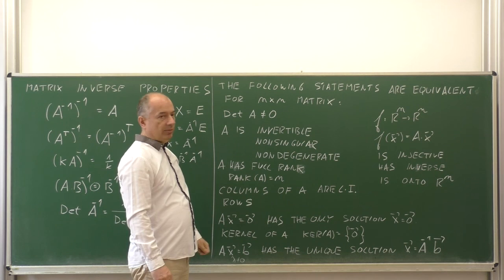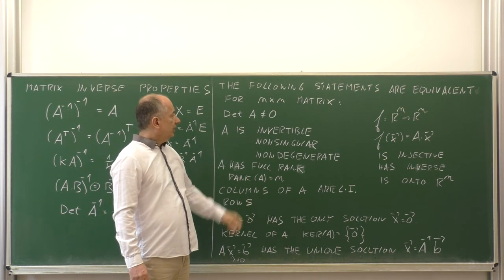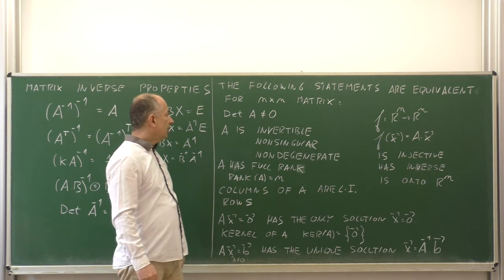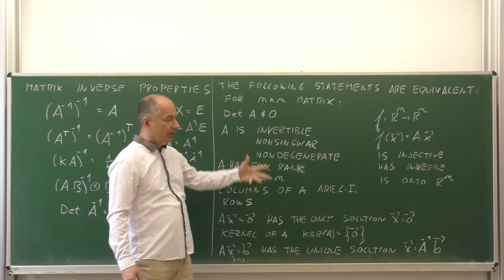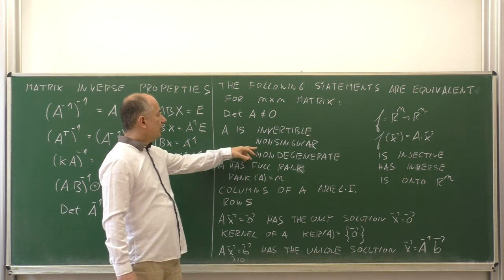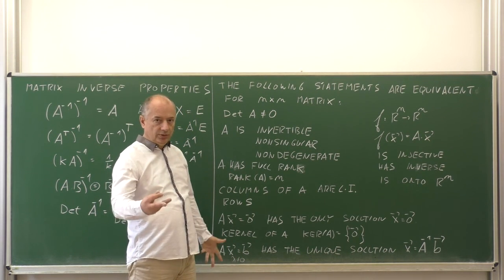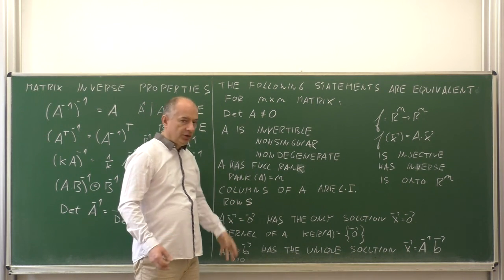Let's denote it by capital A. If the determinant is different from 0, then this is equivalent to the following formulations. We say A is invertible. We also say A is non-singular. The opposite is singular. We say A is non-degenerate.